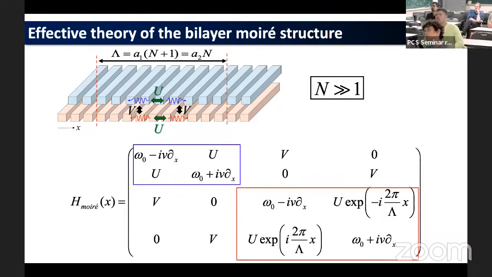Because here is the uncoupled frequency. So the phase is when you have backward and forward seeing each other. Then you think of the upper layer as like this and the lower layer as like this. So that's why you have the phase difference, and it's in the coupling. You don't have the phase in the diagonal.